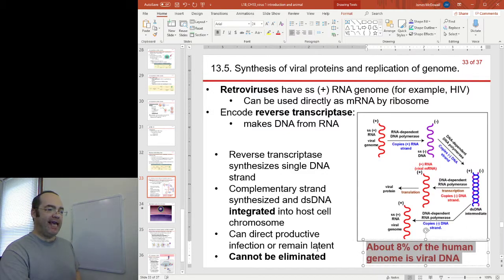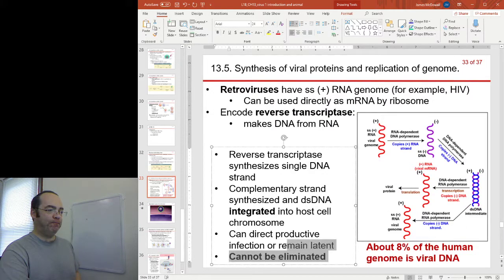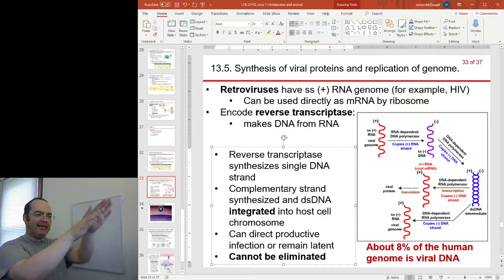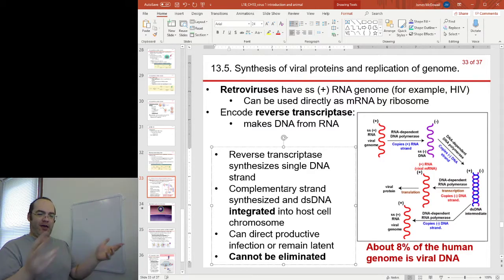Once the DNA has been integrated, it can't be eliminated. There's no mechanism that we have inside our cells to look at our chromosome and recognize which part came from a virus and which part came from a human.